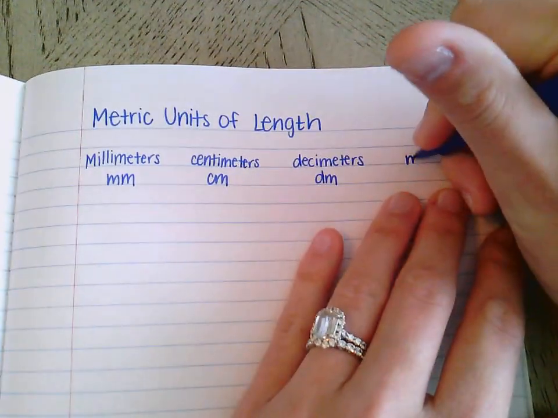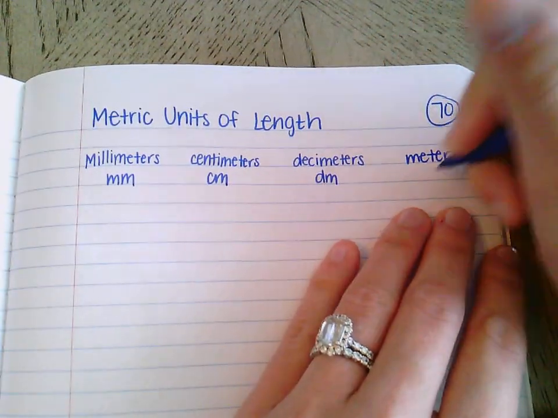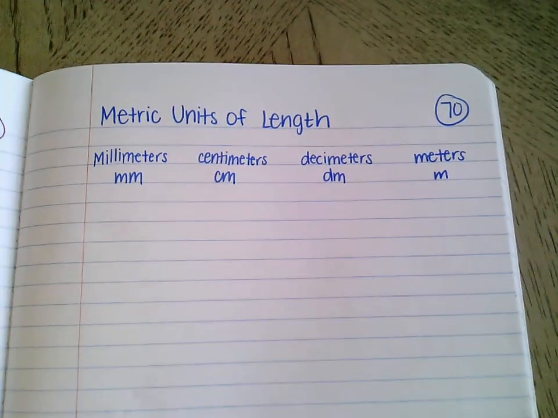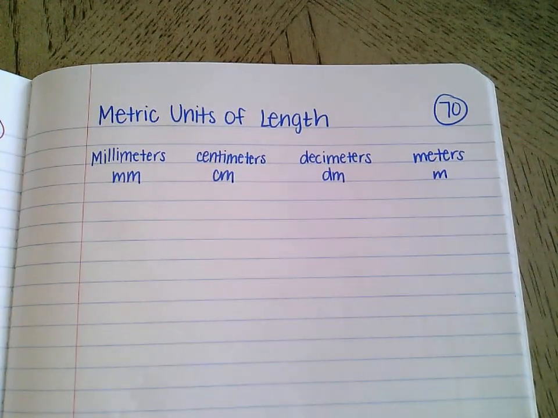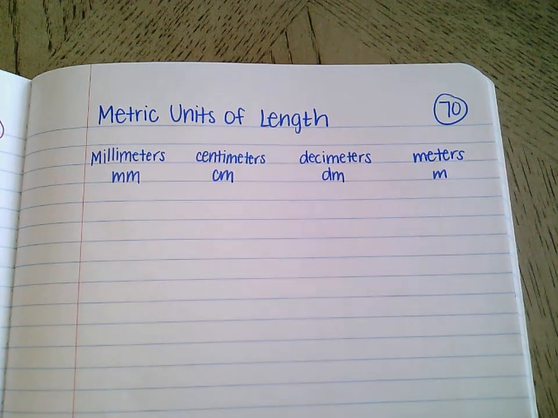And then meters, with m. So these are your metric units of length that we are working with here. We are not going to go much bigger than this. You will go bigger than this when you get to higher grades or learn more about the metric system, but these are the 4 that we are focused on.